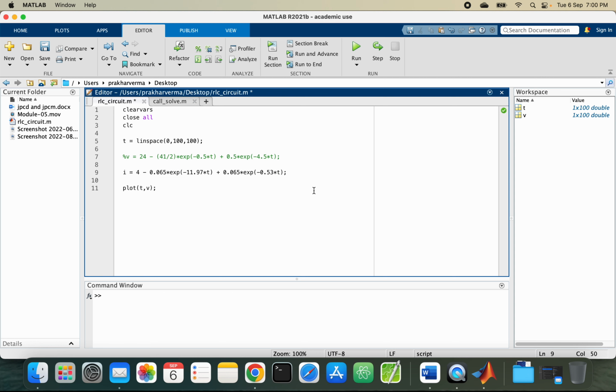I hope this is correct: minus 11.97 and minus 0.53, and the coefficients are negative 0.065 and positive 0.065.